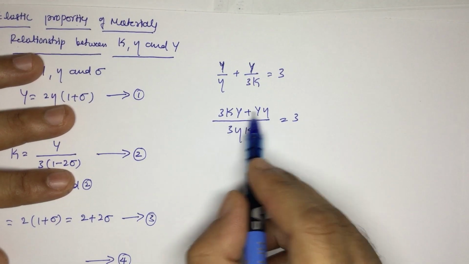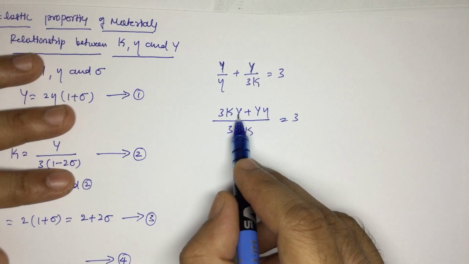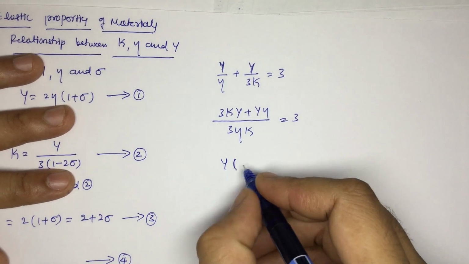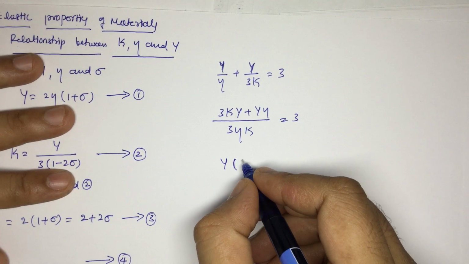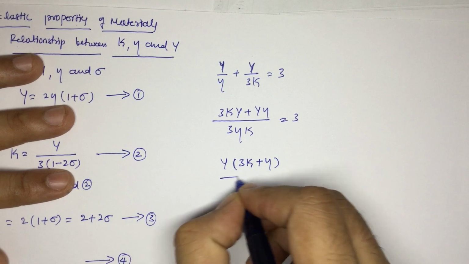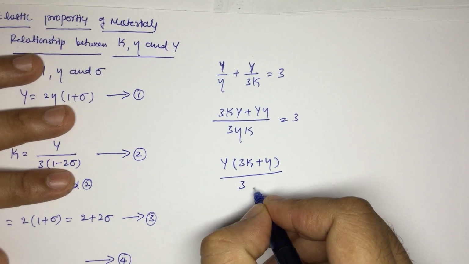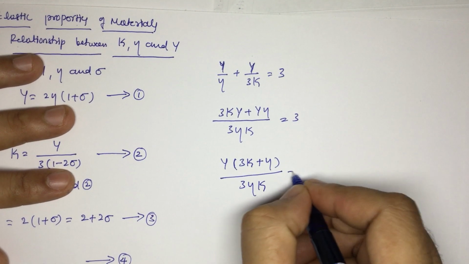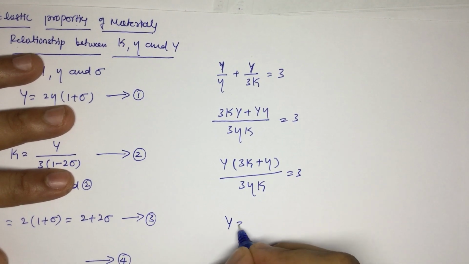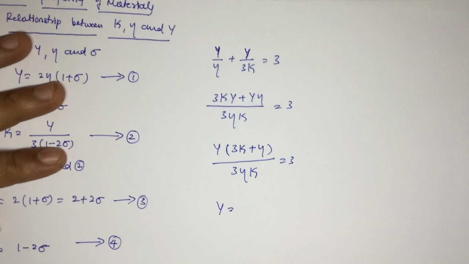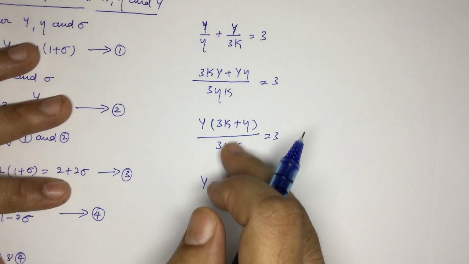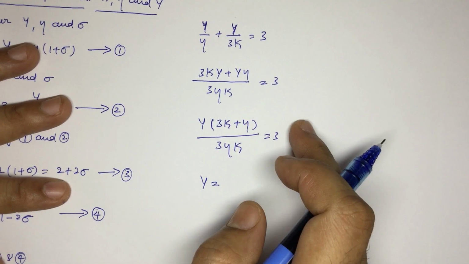Here in the numerator y is common, so let us take this out. Y that I am taking out, we are left with 3k plus eta divided by 3 eta k is equal to 3. So now I'll keep y at LHS and bring remaining terms numerator and denominator to RHS.